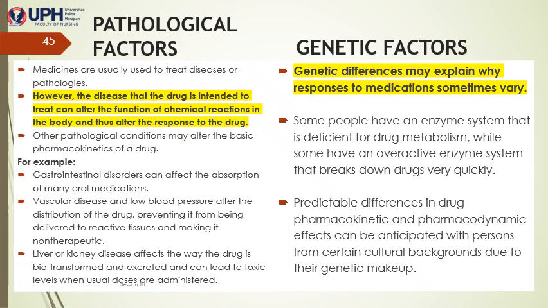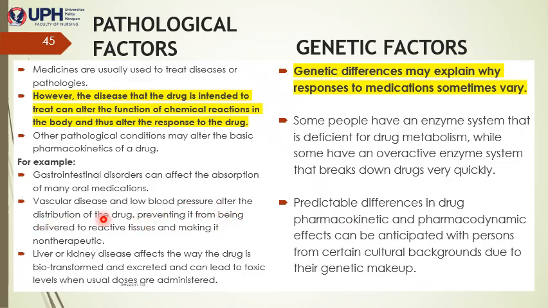Next one is pathological factors. Here we want to treat the disease, but we also need to see how the chemical reactions alter the response in the body. For example, gastrointestinal disorder can affect the absorption of oral medication. So we need to give another route of medication as the gastrointestinal tract is not functioning very well, as well as if the patient has vascular disease or low blood pressure.